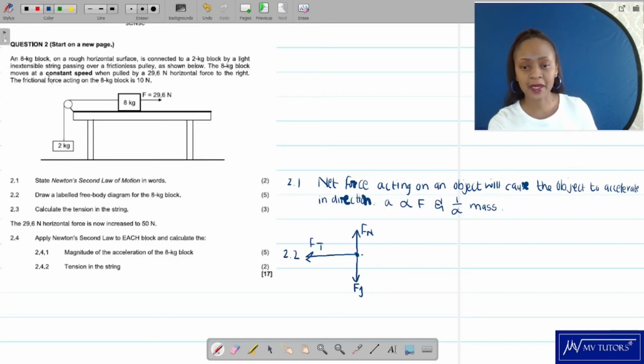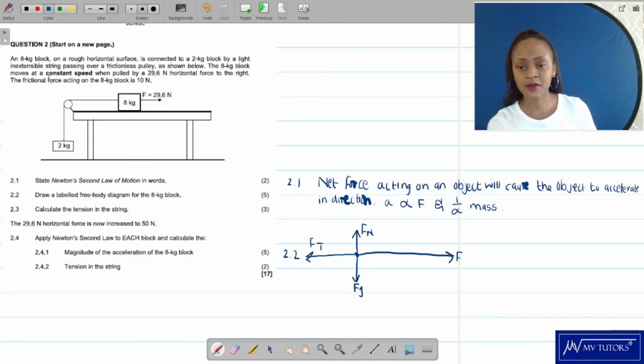Then we have the applied force. And guys, this is where you scoop marks. I mean, it's 5 marks. That is a lot. We have the force applied. Actually, this force applied should be longer than the tension force, for the mere fact that the whole system will be moving to the right. So you want to make the arrows sort of relative to the magnitude of the force.